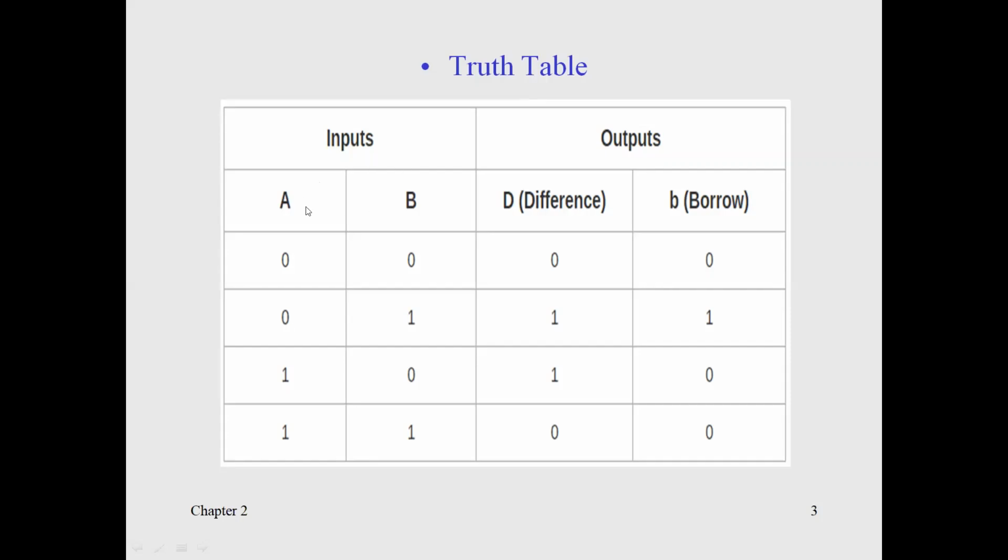For this 2-bit operation, 0 minus 0 produces difference 0 and borrow 0. 0 minus 1 is difference 1 with a borrow 1. 1 minus 0, difference is 1 with the borrow of 0. And 1 minus 1 is 0 for the difference and 0 for the borrow.